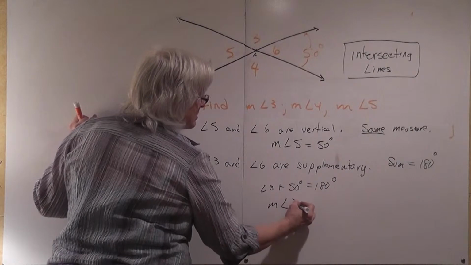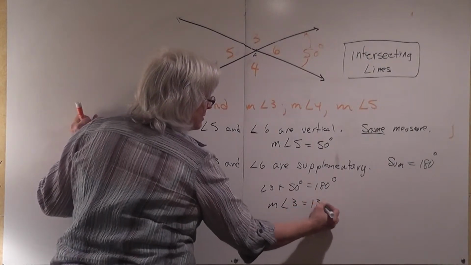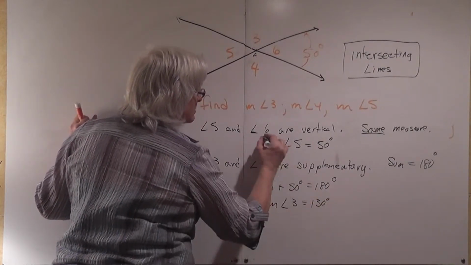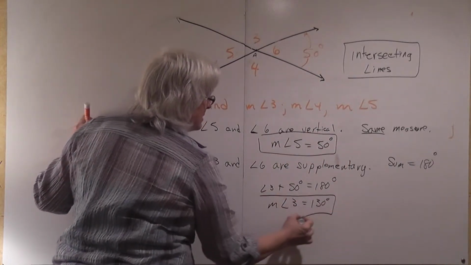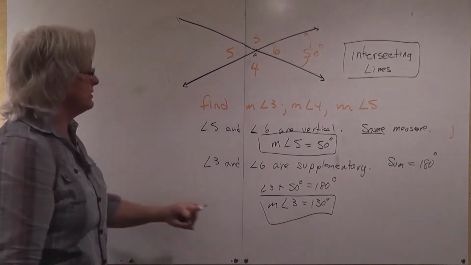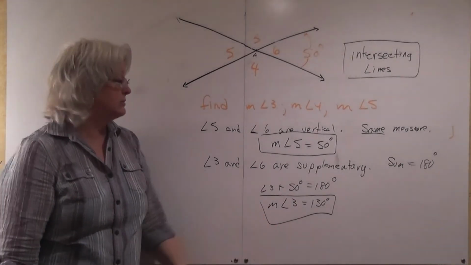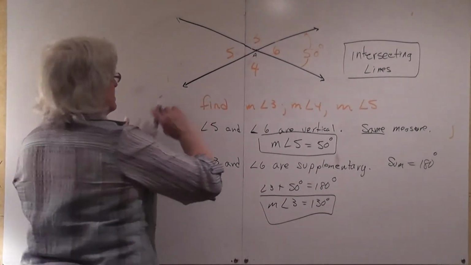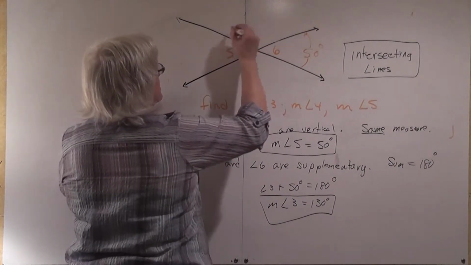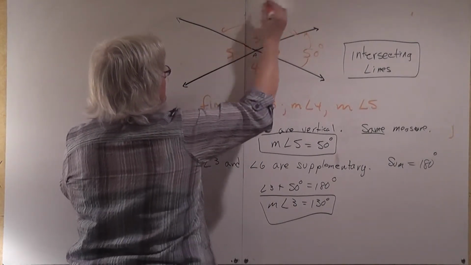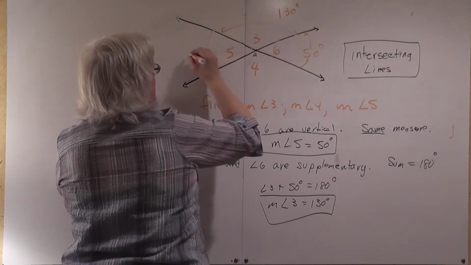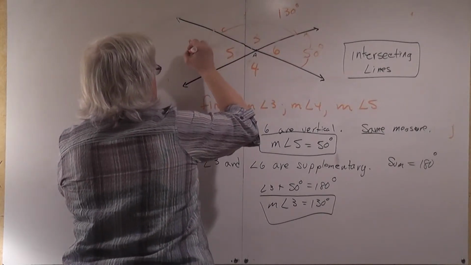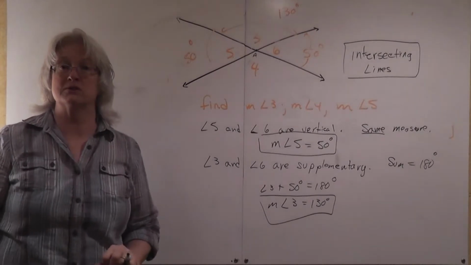So the measure of angle 3, once you subtract your 50 from both sides of the equation, you now know the measure of angle 3 is 130 degrees. Measure of angle 3 is 130 degrees. Measure of angle 5 was 50 degrees, wasn't it?